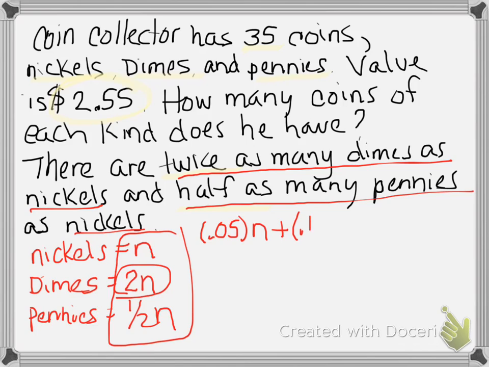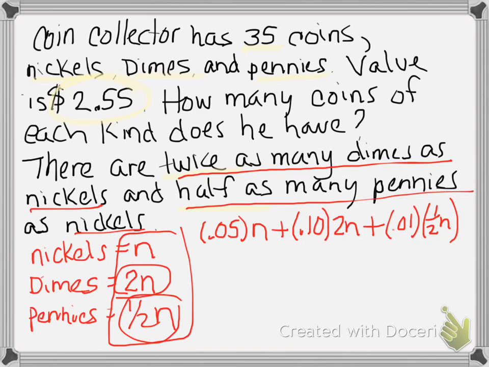So I'm going to write 10 cents times 2n, which stands for how many dimes there are, plus half as many pennies, and pennies are 1 cent, multiplied by 1/2 n. I'm running out of room. I'm going to write this on the next screen because I need to write that it equals 225.